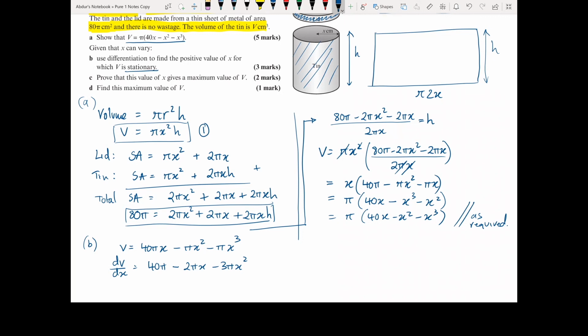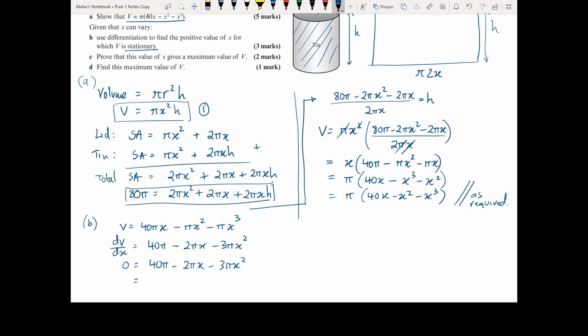And we know that at the stationary point, dv by dx is 0. So we've got 40 pi minus 2 pi x minus 3 pi x squared equaling 0. Since this is equal to 0, we can divide both sides by pi, and that then gets us 40 minus 2x minus 3x squared equals 0. So we've got a quadratic equation here.